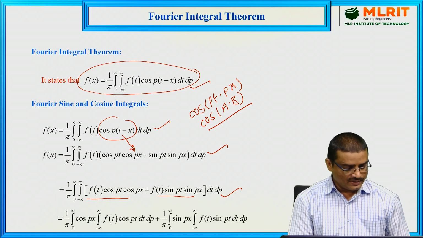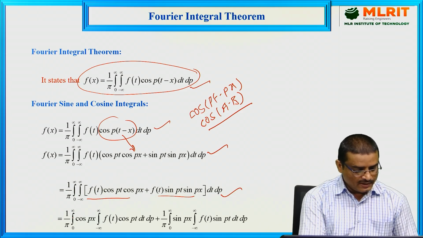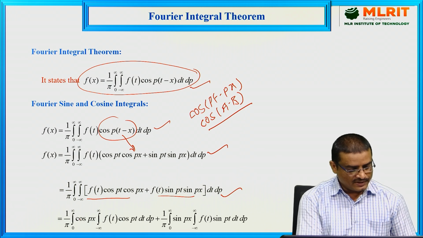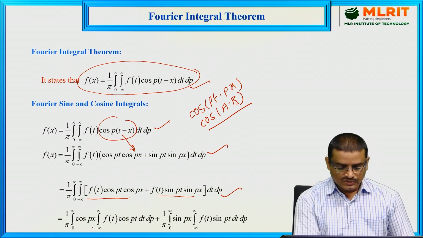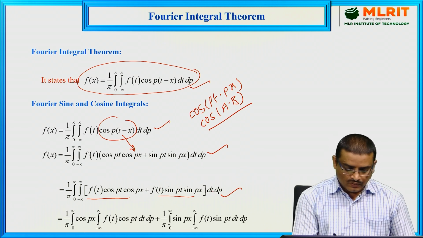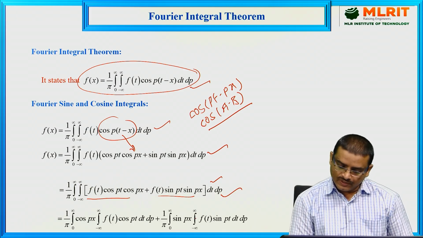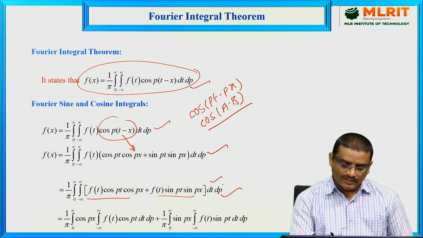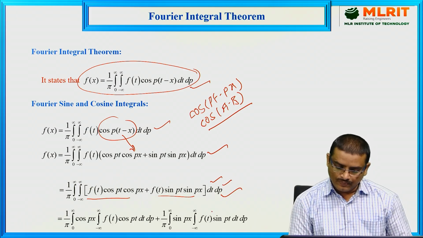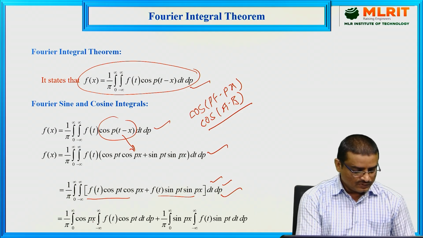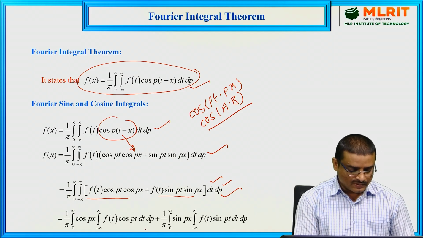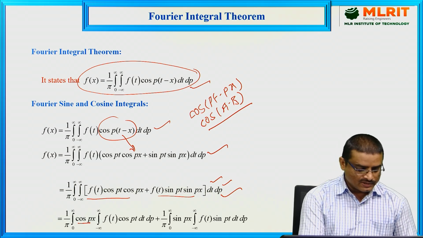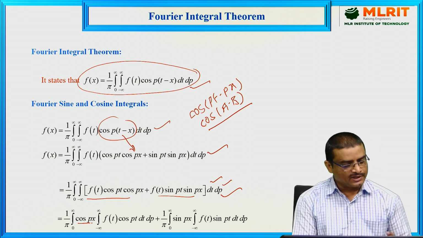So when we apply separately here, 1 by pi integral 0 to infinity cos px. Here one integral we have to apply with respect to t, and the other integral we have to apply with respect to p. Whenever you want to apply the integration with respect to p second, keep this cos px outside since it is a constant.